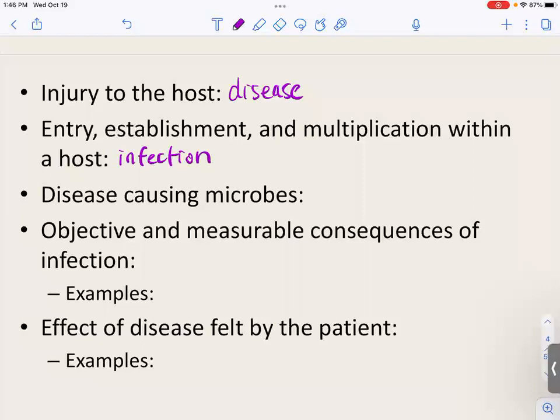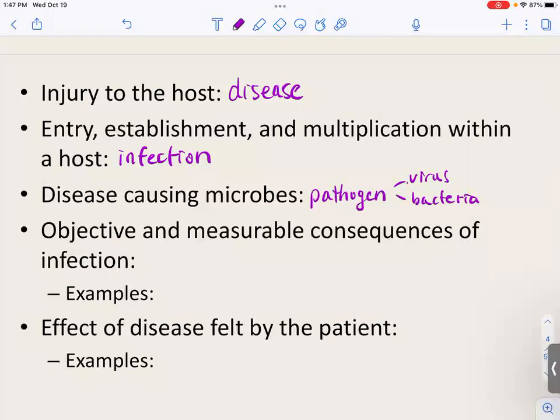Typically, we don't refer to our microbiota as an infection, because that's just always there. Of course, a disease-causing microbe, we'll call that a pathogen. And usually that's either a virus or a bacteria.